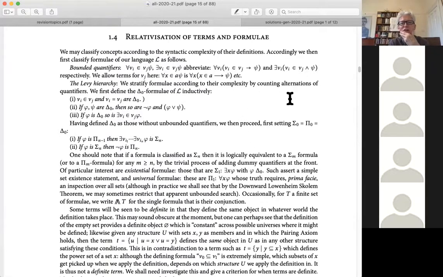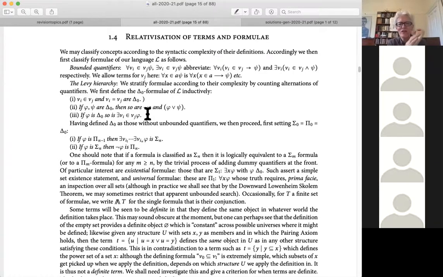We defined simple formulas. These are the bounded ones here, and we called these the delta zero formulae. So atomics are literally just what's equal to what, what's a member of what. These are delta zero. Basically, a delta zero formula is one which you can verify by just looking at a set and looking inside it and seeing whether the formula is true.